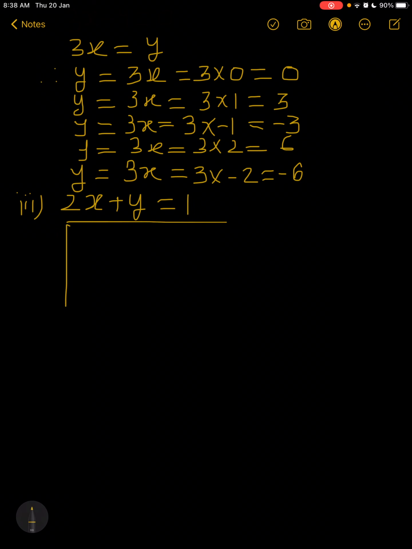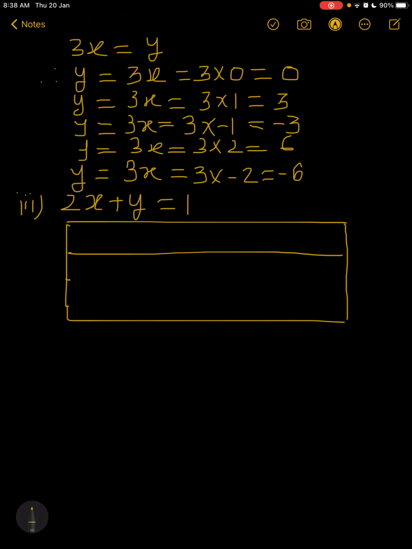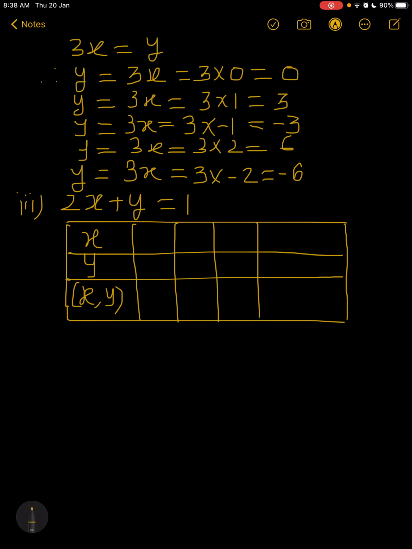Minimum 3 points are sufficient, maximum 5 points. So we are making a table for the last equation. We have the first column x, second column y, third x comma y. First, second, third, fourth, fifth.